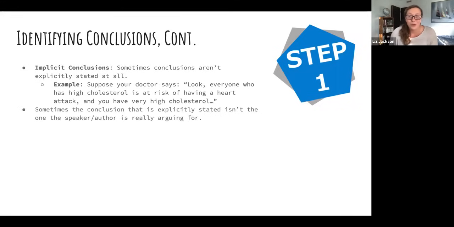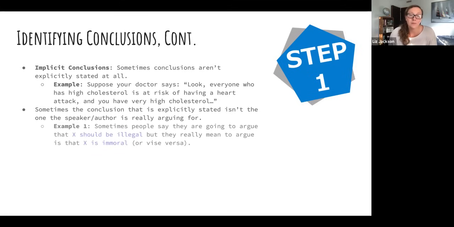There are also really tricky cases where the conclusion that's explicitly stated isn't actually the conclusion that the speaker or author is trying to argue for. So I have seen cases where people say, I'm going to argue that this thing should be illegal. Maybe it's drug use, maybe it's abortion or something. And what they really are trying to argue is that it's immoral, so it's morally wrong.